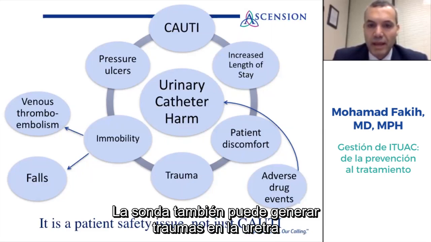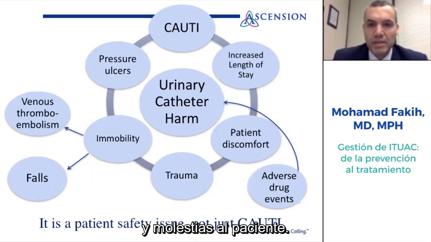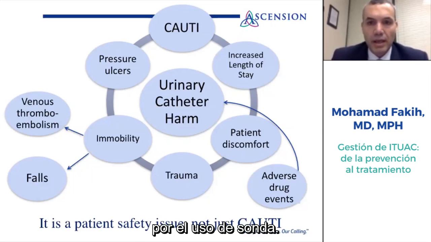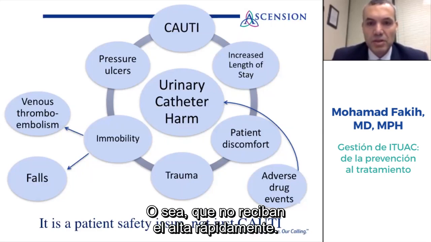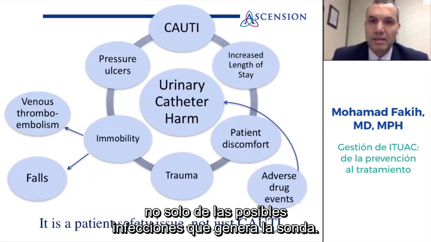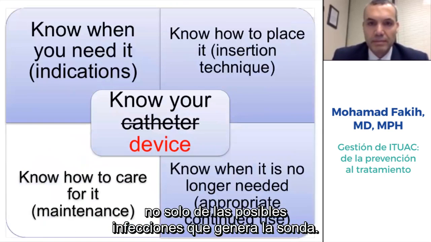Also, the catheter can lead to trauma with the urethra and patient discomfort. And there's potential of increasing the length of stay of these patients, with the catheter in and not being discharged early enough. So it's a safety issue rather than just the infection related to the catheter.